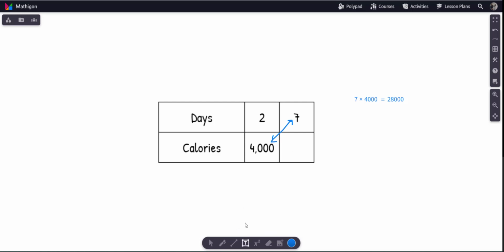Sometimes we'll call this method cross multiplying, because you're going diagonally. So this is the cross multiplying method. So diagonally, 7 times 4,000. This is what Shahida did, and then Shahida took 28,000.